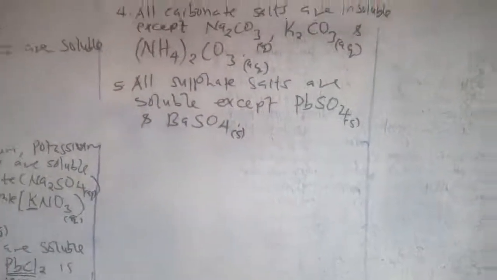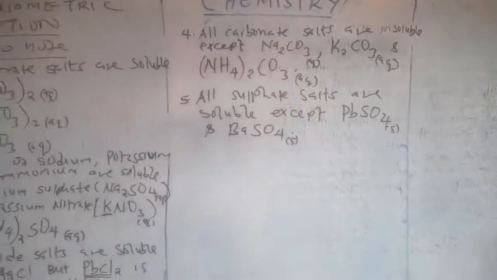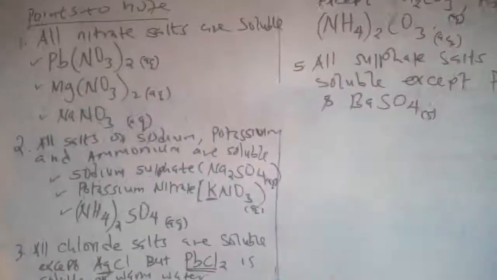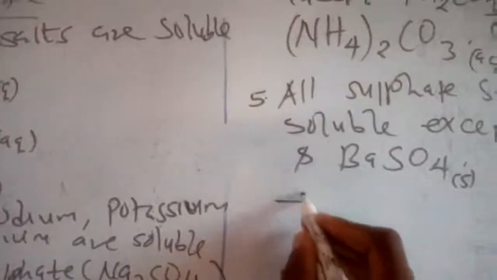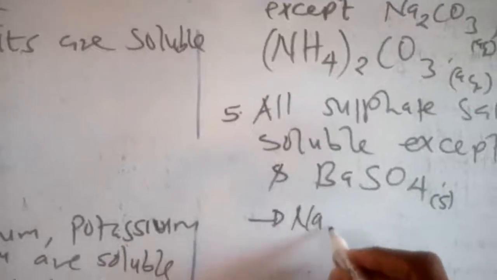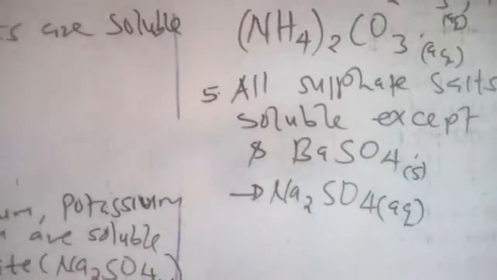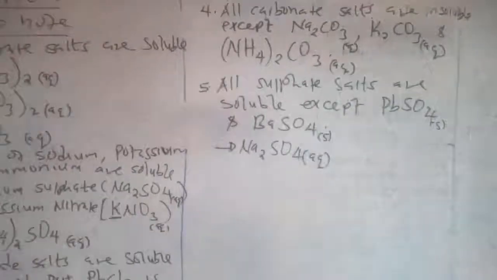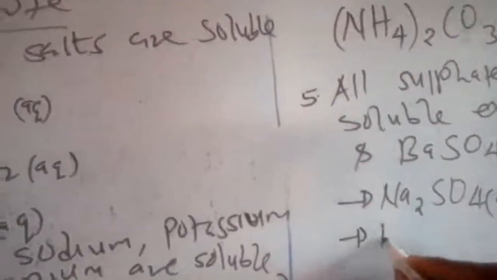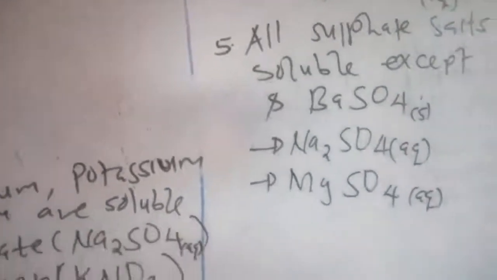But for the other sulfates, another example of a soluble sulfate is sodium sulfate, which in solution you write (aq). Magnesium sulfate you also represent with (aq), meaning it is soluble.